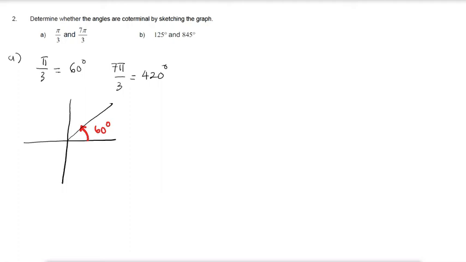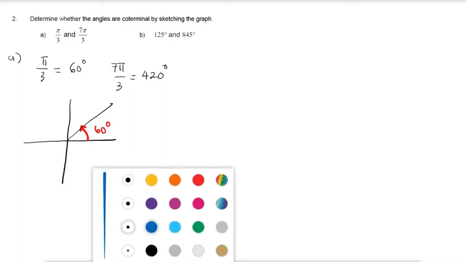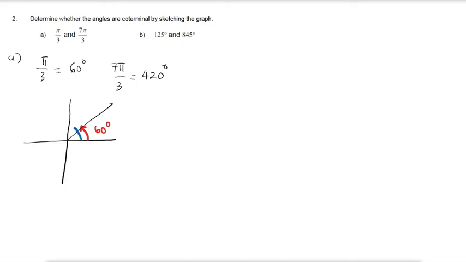For 420, we start from here, and one complete rotation is 360, and then we continue until this same line for 420 degree.